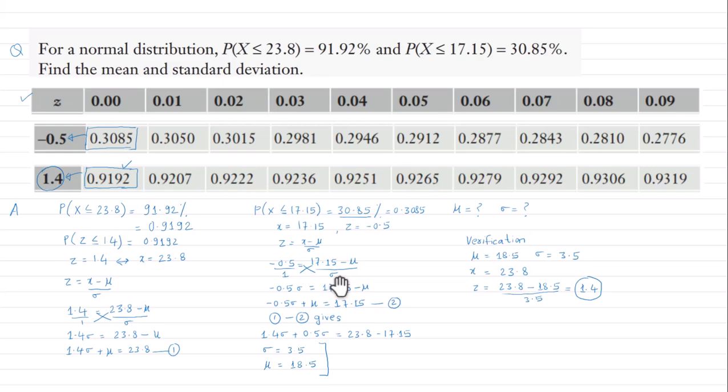Similarly, we can also check for the other value of x, which is 17.15. So let's see what is the Z value here. Z value will be 17.15 minus 18.5 over 3.5. So Z in this case will be equal to minus 0.5.